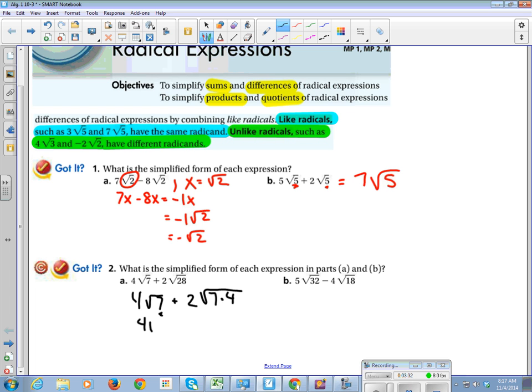We learned yesterday that we could separate out the products underneath the radical. So if I have 7 times 4 underneath the radical, that's the same as square root of 7 times the square root of 4. Square root of 4 is 2.